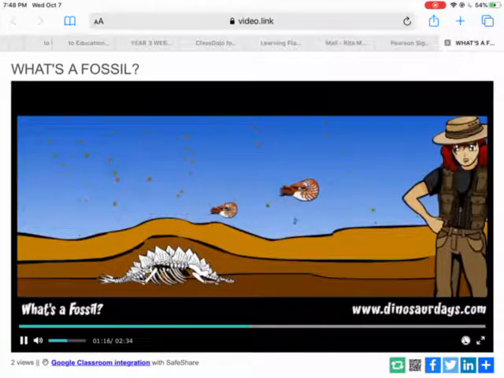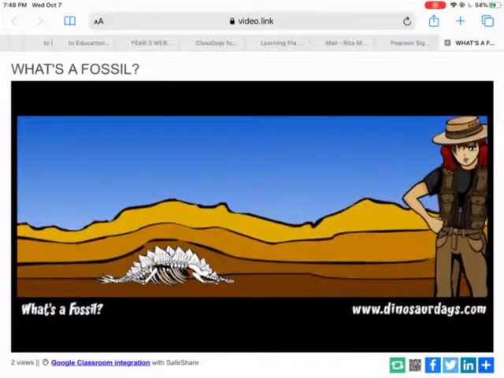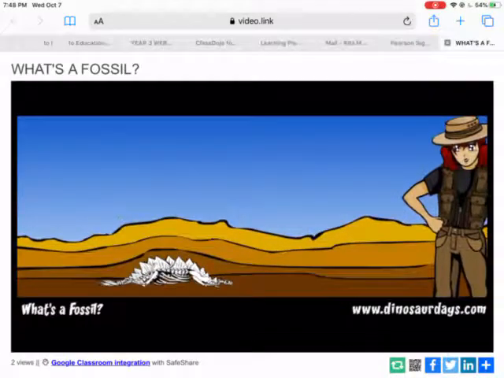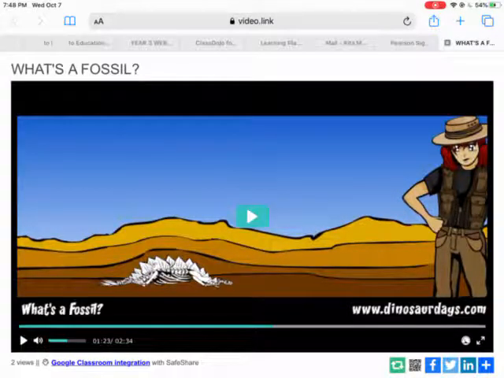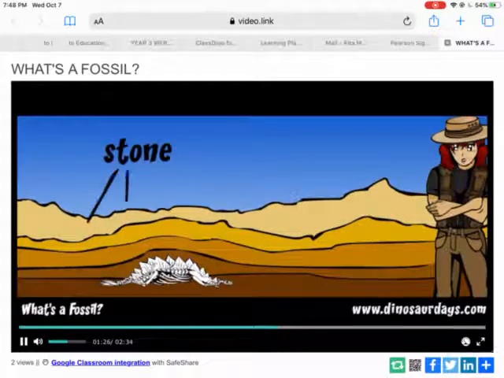The floor of the river sinks from the weight of the sediment. The lower layers of soft mud and sand are pressed into hard rock. So as you can see, layers build up on top of the bones, and pressure forces the layers together. Now the skeleton is completely surrounded by compressed stone.